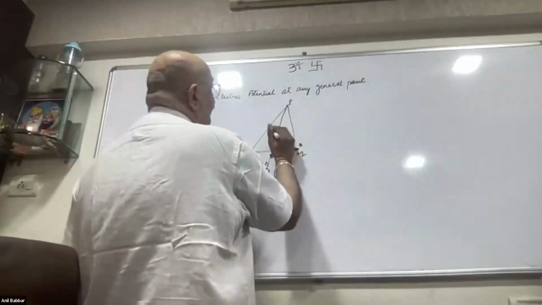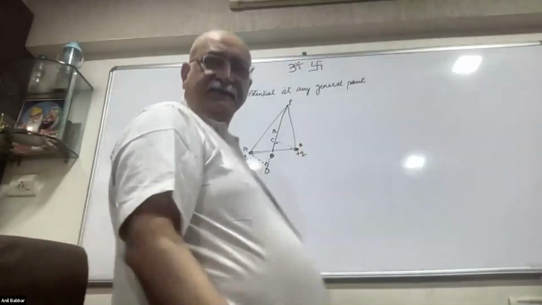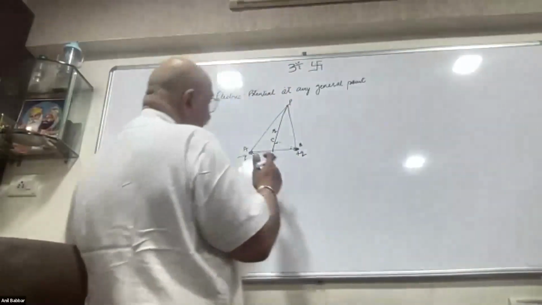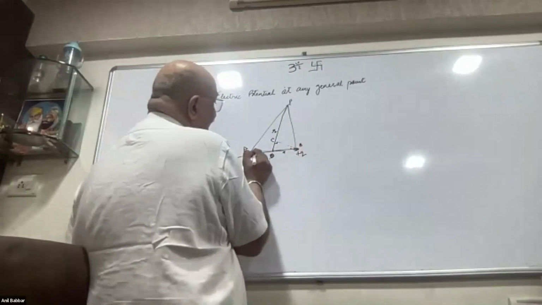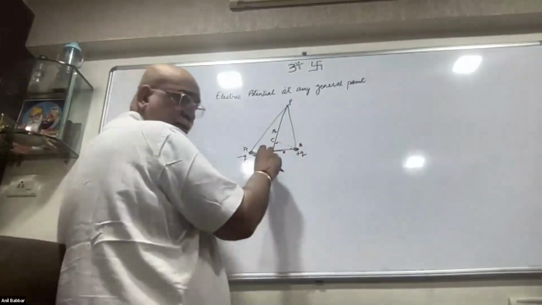So this OP is equal to say R, and AP is R1 and BP is R2. Or we may say, this is say A, this is also A, this is theta, and by geometry you can find this OD.